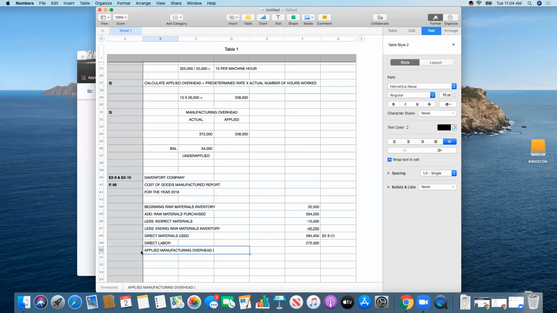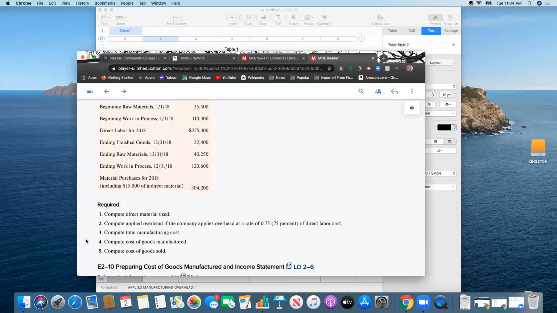Now, what do they tell you? Compute applied overhead if the company applies overhead at a rate of 75% of direct labor cost. Take direct labor cost and multiply it by 75%.